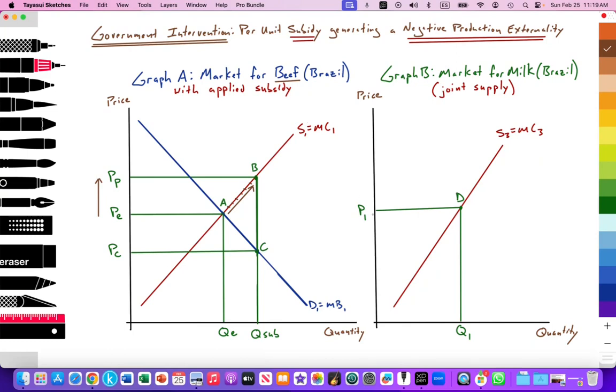So we can assume that although the price of milk is being held constant at P1, since more cattle is being acquired by farmers, we would expect an increase in the supply of milk from S3 to S4. So I'll draw a supply curve shifting outward from S3 to S4 for milk.